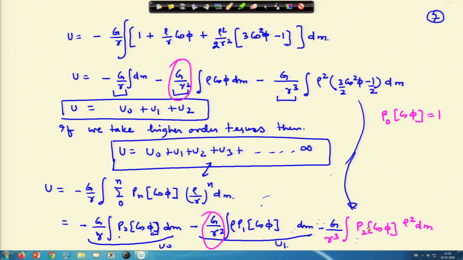From here we can guess that this quantity will be p 2 cos phi, which equals 3 by 2 cos square phi minus 1 by 2, and similarly this is p 1 cos phi, which from this place we see is simply cos phi.